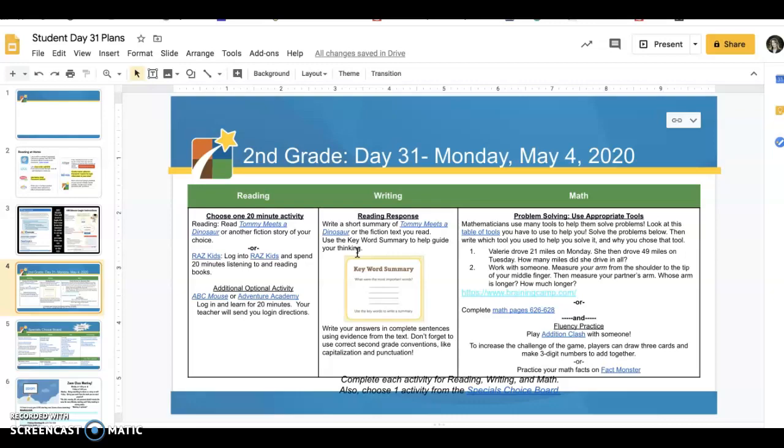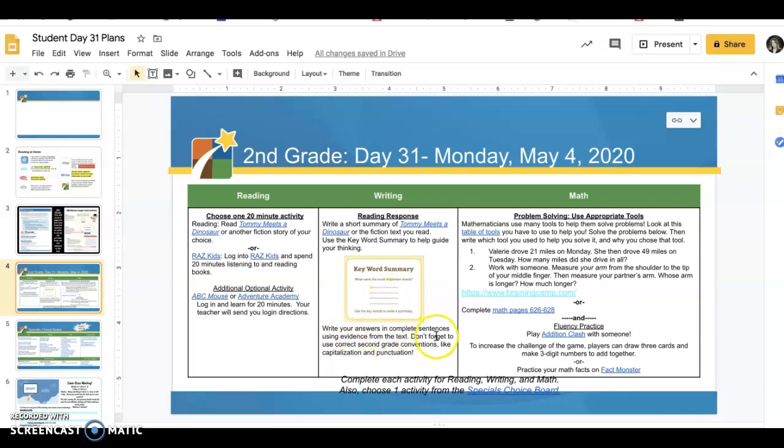So what can help us zoom in on what's important is jotting down 4 words that you think are the most important. And then you're going to use these words somewhere in your summary or your retell to share what happened. So you might have a character's name, you might have a key word that's part of the problem, and you're going to use those words to help you write your summary.